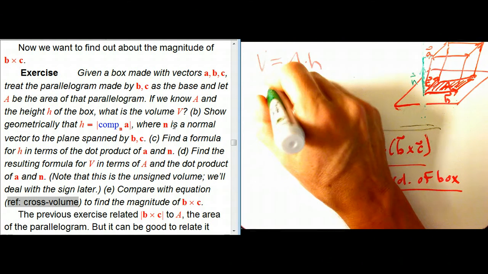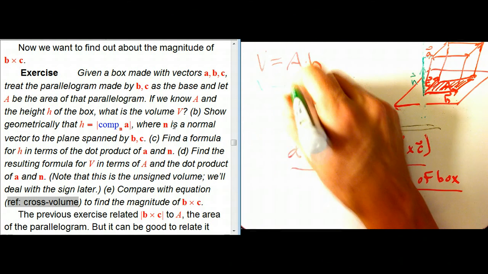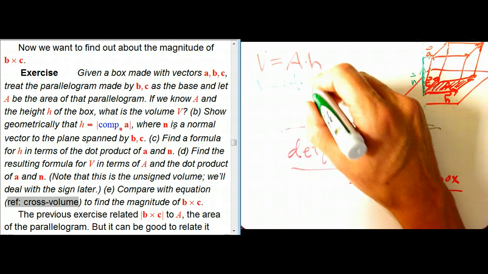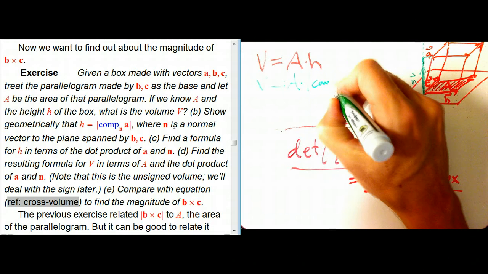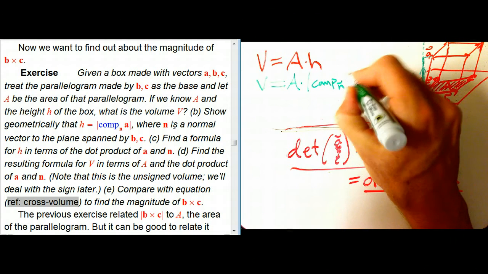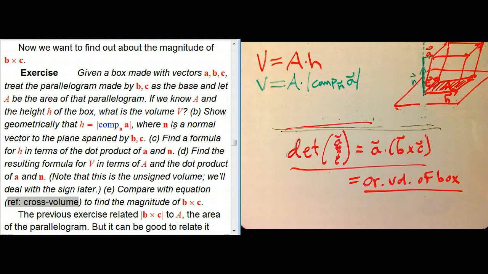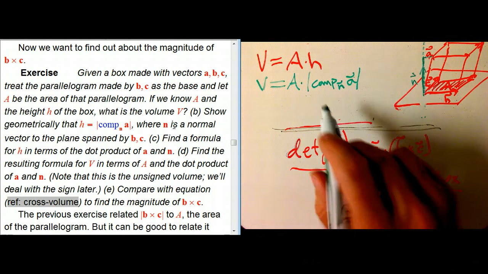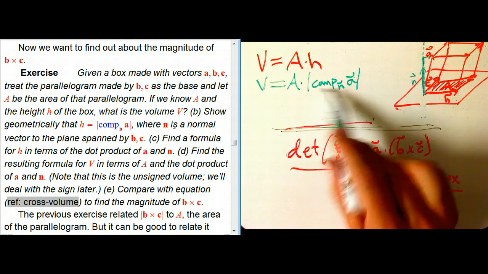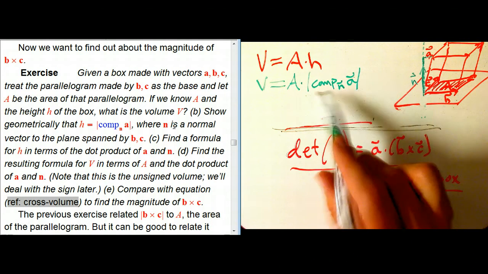Okay, so the volume is now the base area times the absolute value of the component of A in the direction n. And now we know there's a formula for this in terms of dot products.